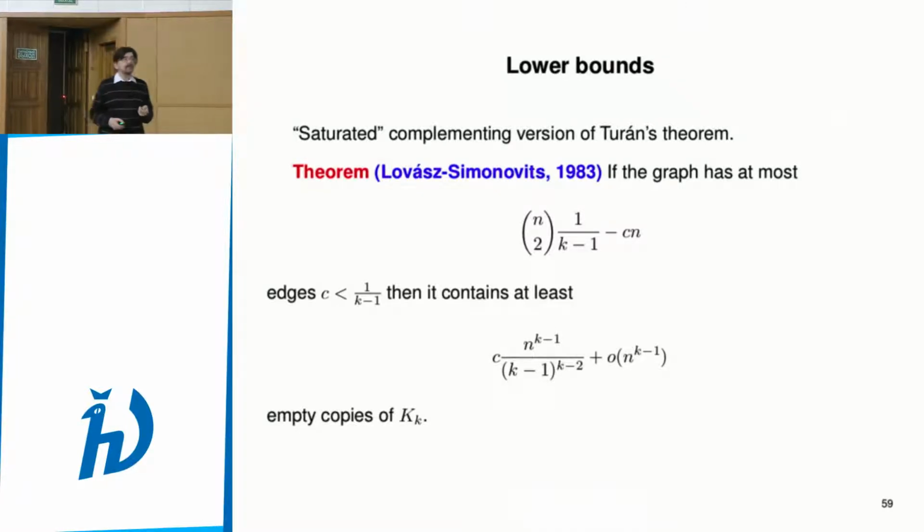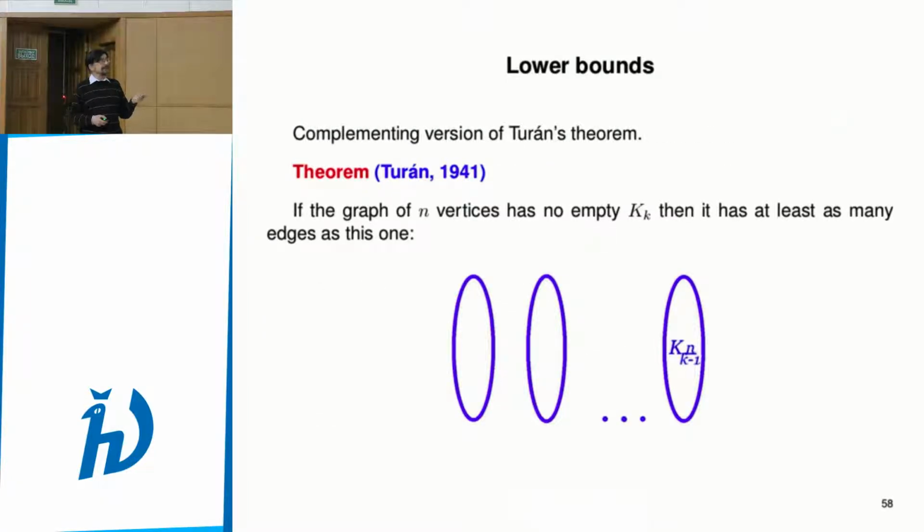But we need a stronger version of Turán's theorem, namely if we have less than the minimum, so we have fewer edges than in this picture, then we know from Turán's theorem that there is an empty k-element subset.